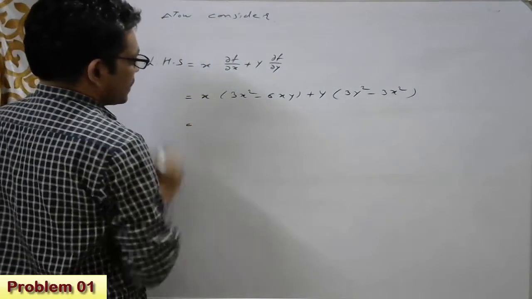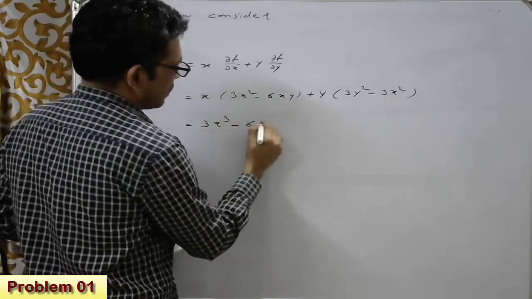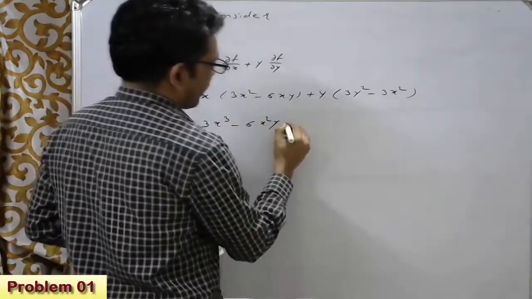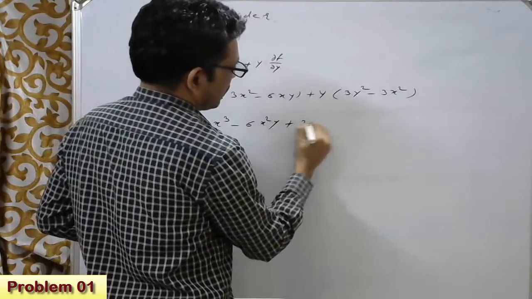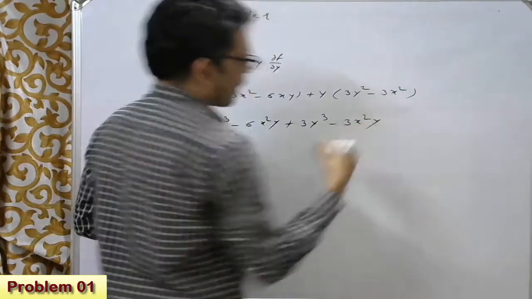Which is equal to 3x cube minus 6x square y plus 3y cube minus 3x square y.